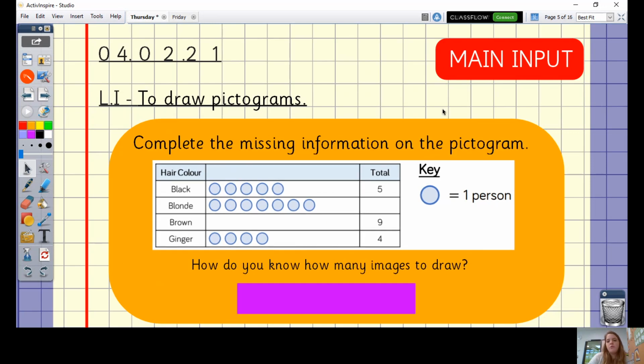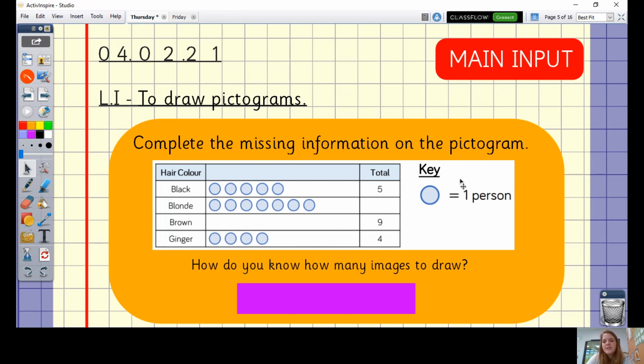So knowing all of that information about this pictogram, I'd like you to have a go now at completing the missing information. The first thing I need you to do is to count the number of blonde-haired people to find the total, and then draw the symbols to represent the number of people with brown hair.